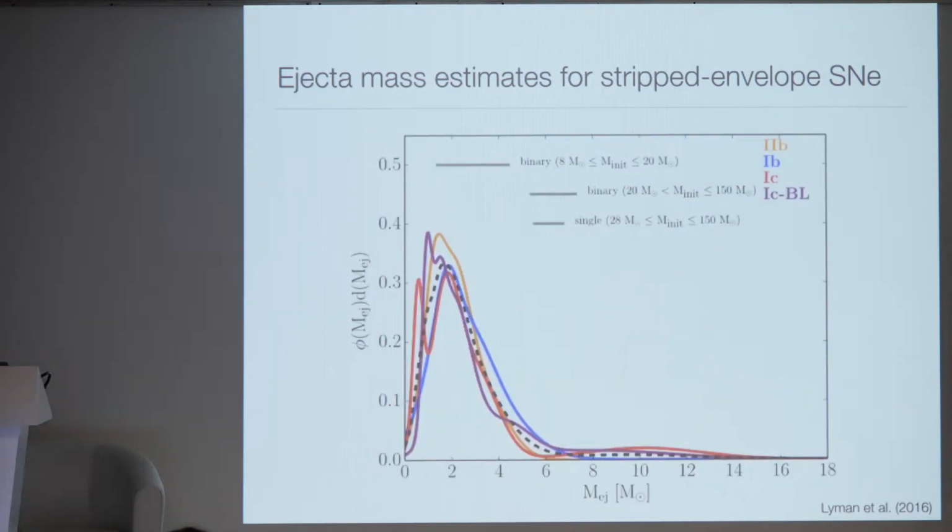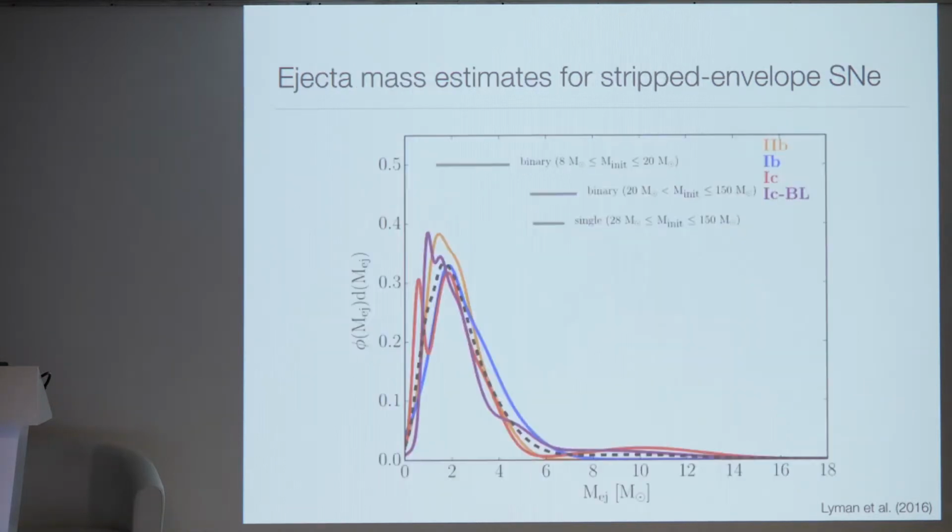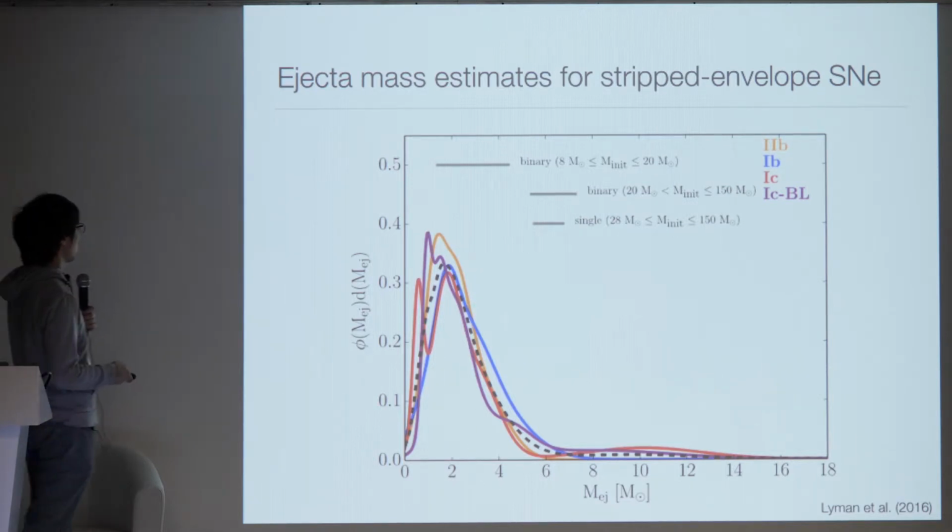And as we have already seen, by doing this exercise for many supernovae, we can get the probability distribution for the ejecta mass of stripped envelope supernovae. These all come from supernovae with a very small amount of hydrogen, and most of the ejecta masses are estimated to peak at around 3 solar masses or so.